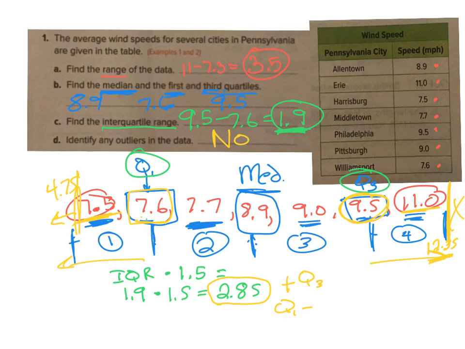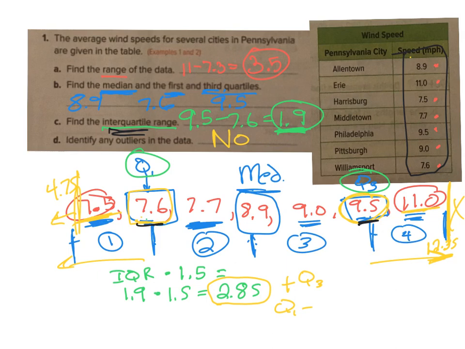Whew. Okay, so I did a lot with this set of data. I put it in order. I divided it 4 ways by finding the median first, and then I took the first half of it, found the median of that half, which was quartile 1, and then I found the median of the second half, which was quartile 3, and when I did that, I could take quartile 3 minus quartile 1 to find my interquartile range.